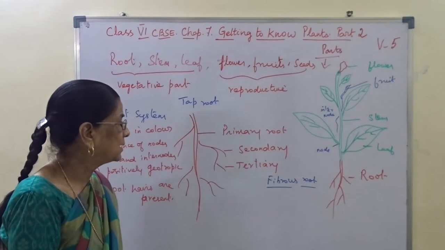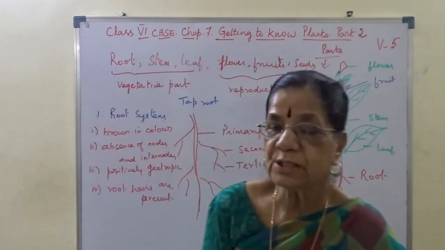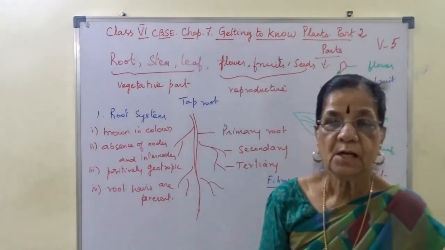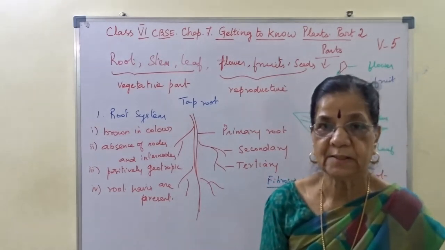These primary, secondary and tertiary roots have root hairs, and these root hairs are responsible for absorbing water and minerals from the soil.